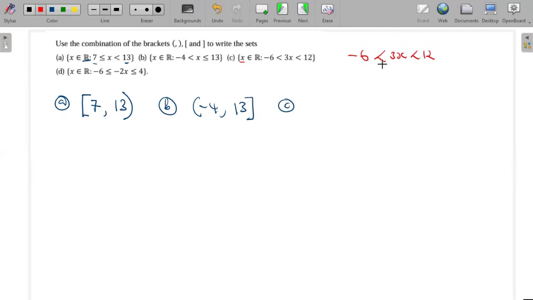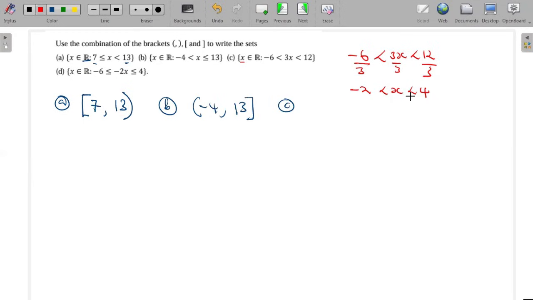So what you do here, you just divide 3 throughout. You divide 3 there, divide 3 there, and divide 3 there. Then you get negative 2, then you get x, and then 3 into 12 just gives us 4.